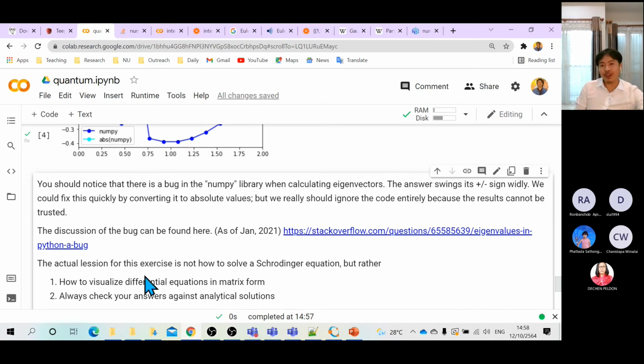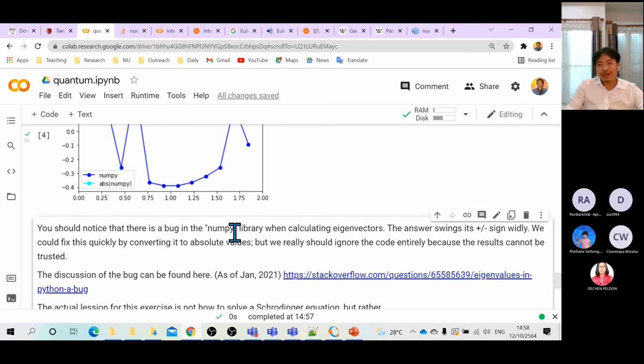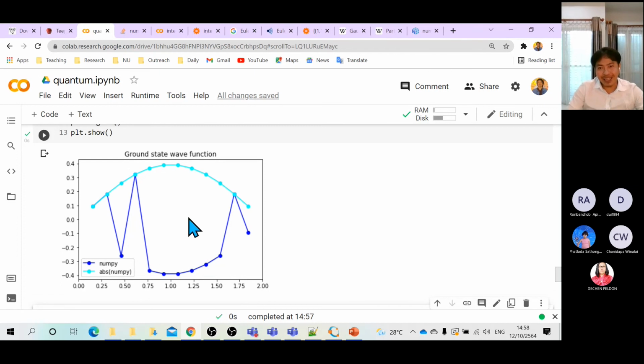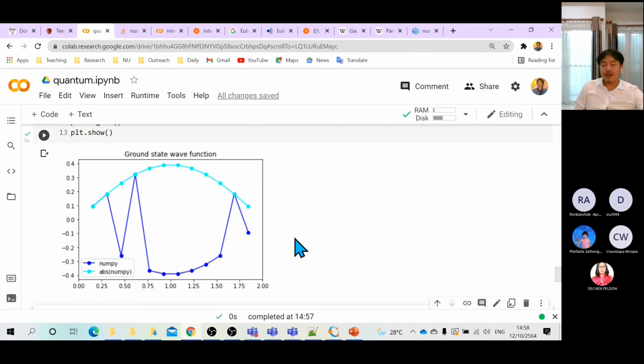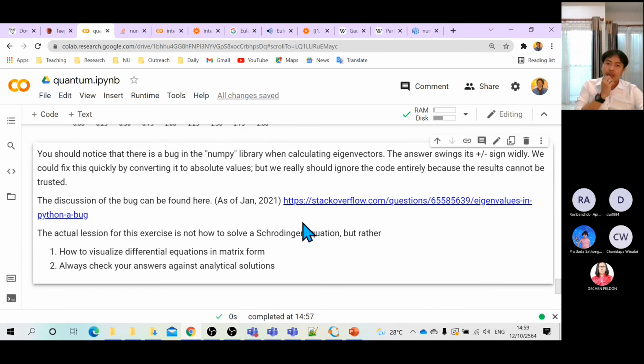Well, you always have to check your answer against some known solution, because things can go wrong. You can make a mistake in your code, and even if you did it correctly, there's still some bug in the Python code. So it's very strange how I found this here.